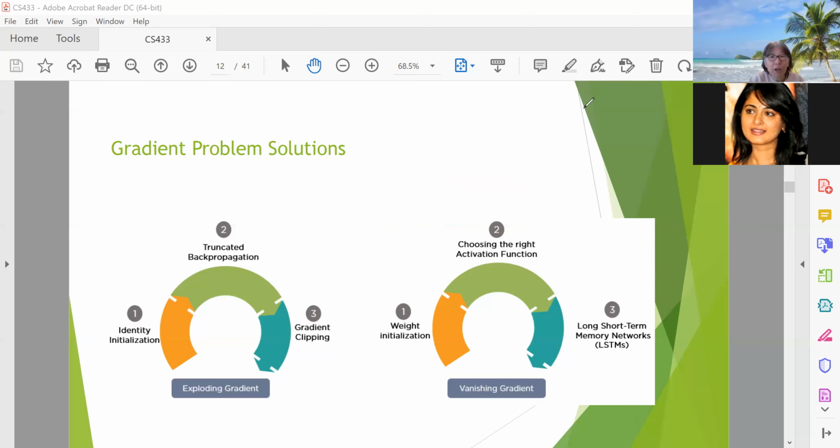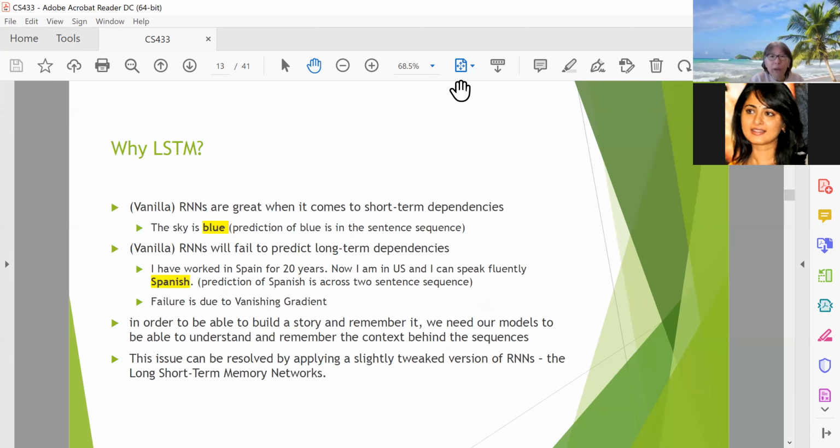But let's see what LSTM is, and why we need LSTM. How can it help with the problem? Here is an example. The vanilla RNN is great when it comes to short-term dependency, because it only counts on the previous time step. For example, the sentence: the sky is blue.